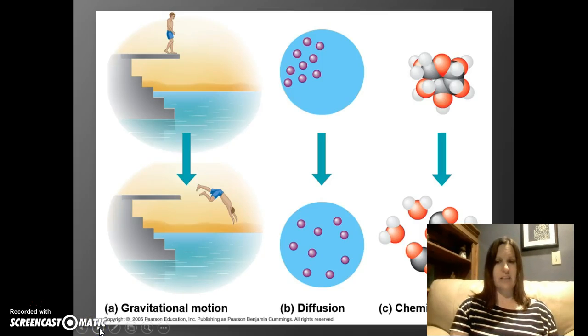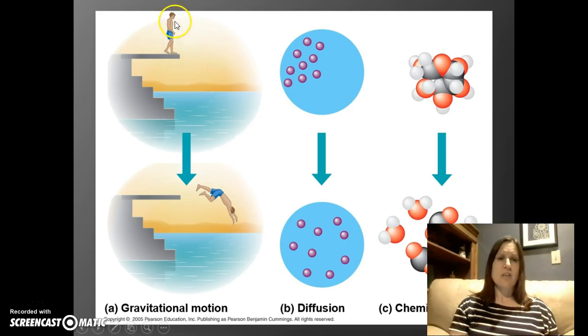So let's take a look at this. With gravitational motion, we've talked about potential energy versus kinetic energy. We know this guy up here has potential energy. What does that mean? He has a lot of available energy, but he's not very stable. He's busting out to get rid of it.